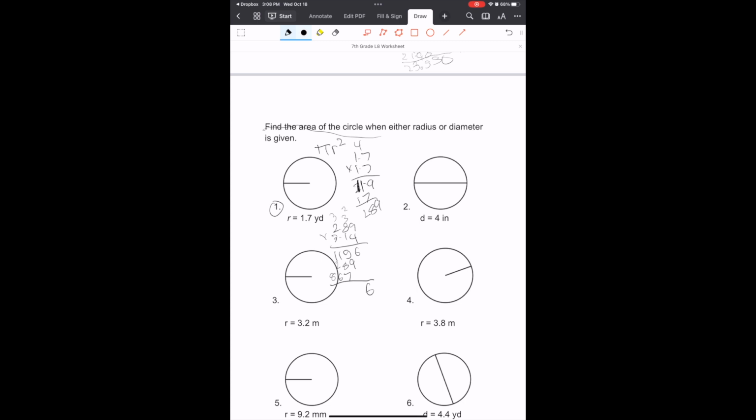Then you add them up. Then 4 decimal places. So your answer for this should be 9.07, and then yards.